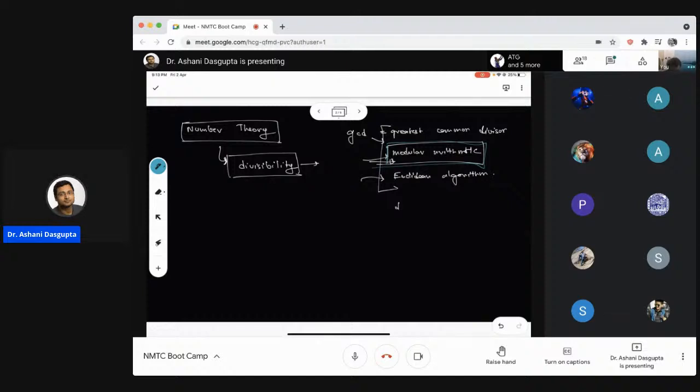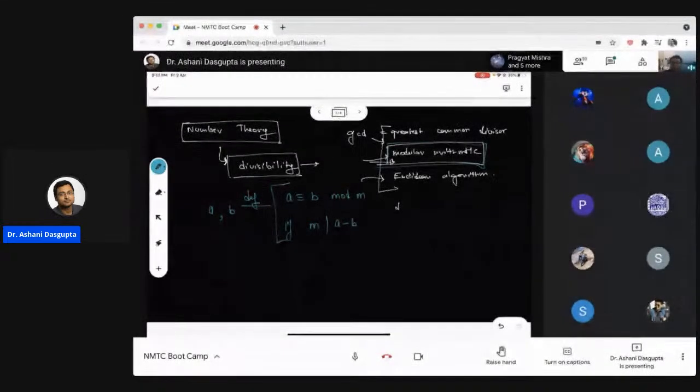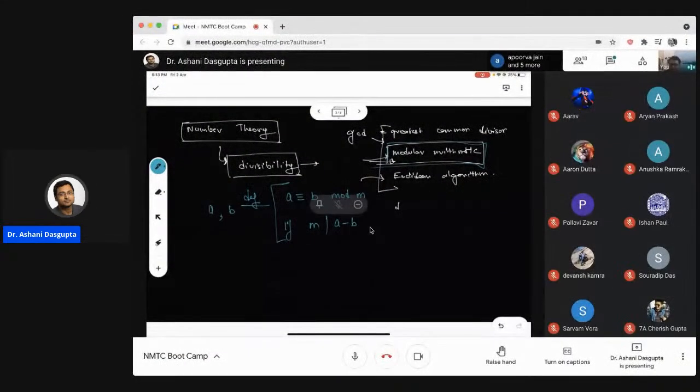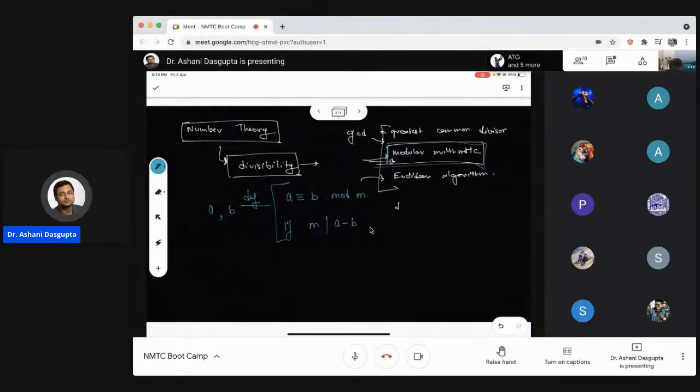Suppose you have 2 numbers, A and B. Then you say that A is congruent to B modulo M if M divides A minus B. This is the definition. It is a very simple definition, but it turns out that this is an equivalence relation.